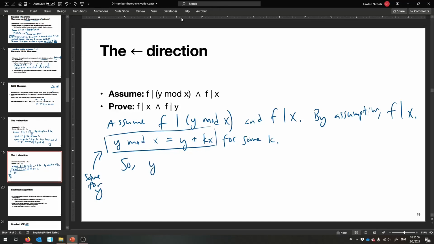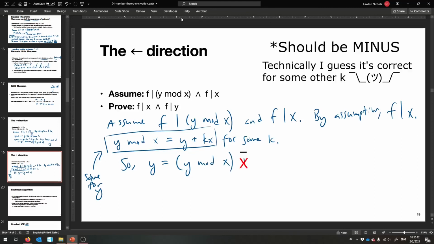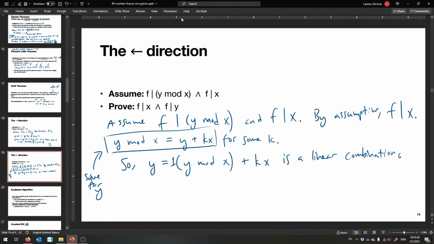So y equals y mod x plus kx. And what do you know? 1 times that plus that is another linear combination of y mod x this time, and x.